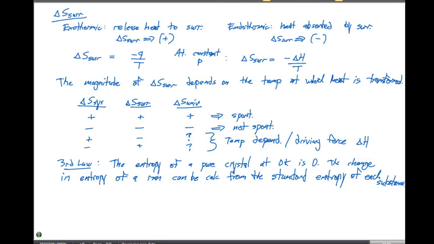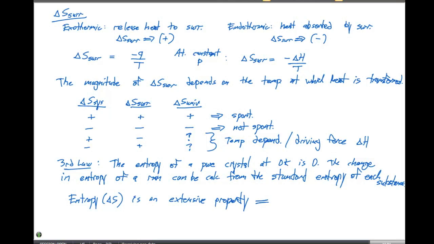And we're going to use the same exact method to calculate delta S as we did for delta H. And one of the things that we have to keep in mind is that entropy, or delta S, is an extensive property.